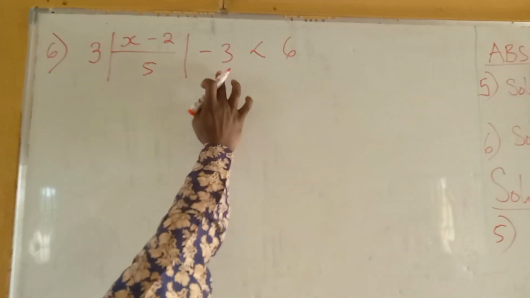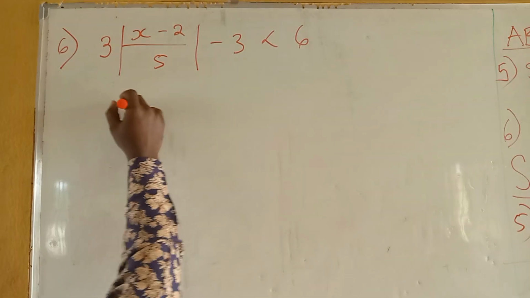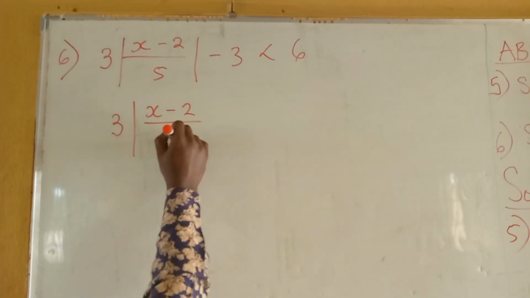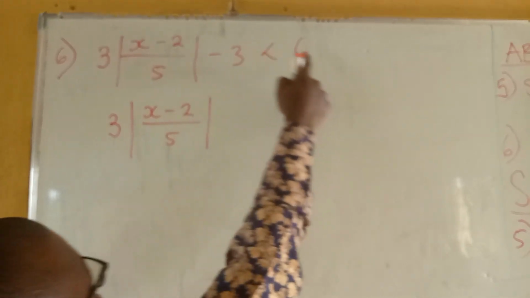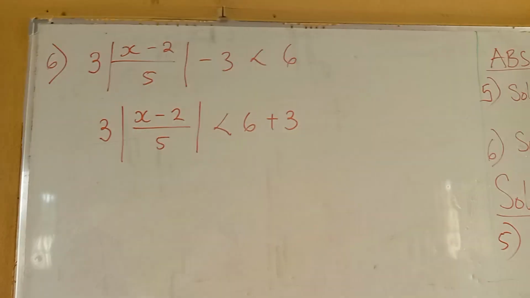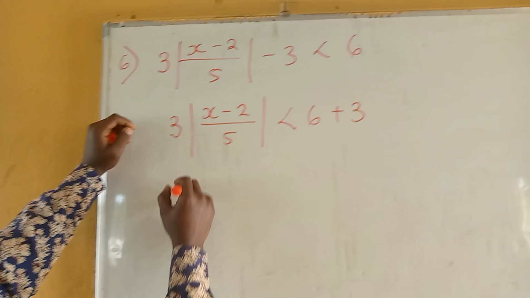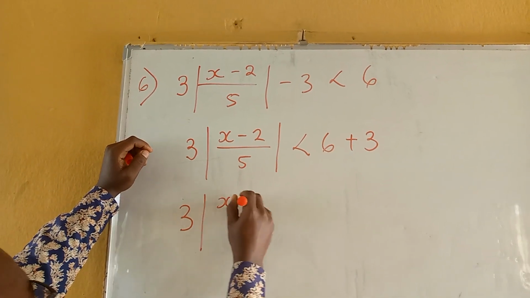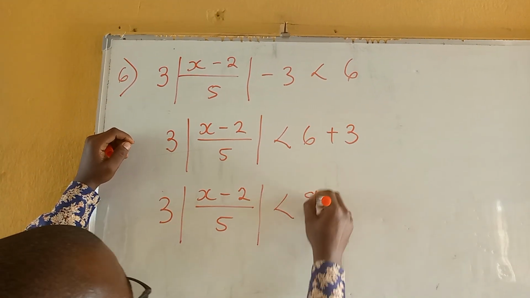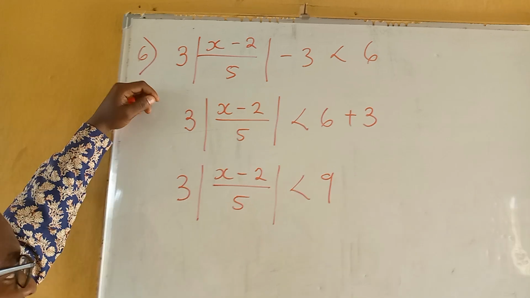So for us to do that, I'm going to move this negative 3 over to this side, and that will give me 3 times the absolute value of x minus 2 all over 5. Moving negative 3 to this side, you have less than 6 plus 3. And so this will give us 3 times the absolute value of x minus 2 all over 5 less than 9. 6 plus 3 is 9.